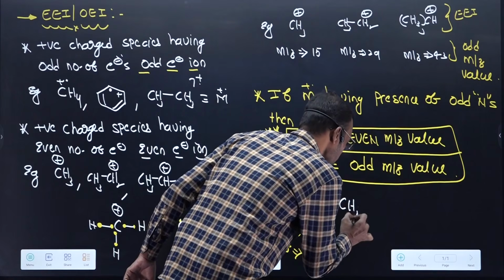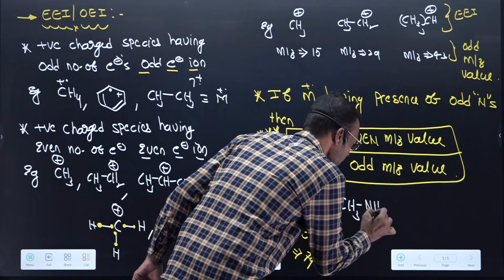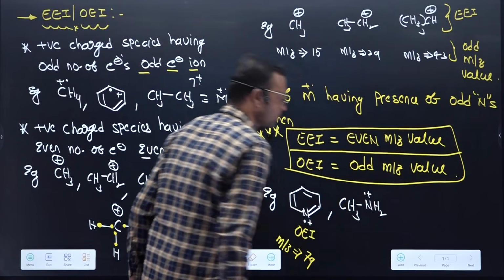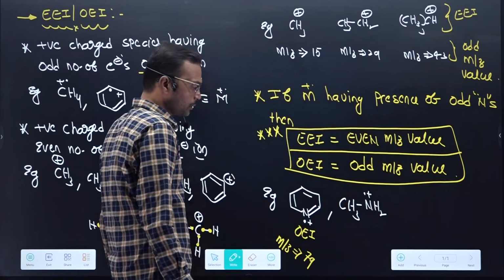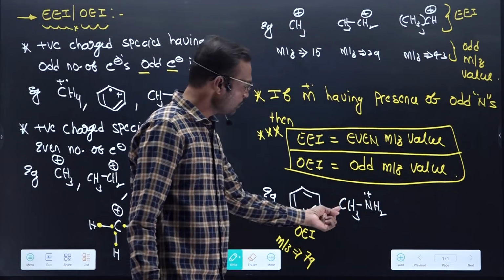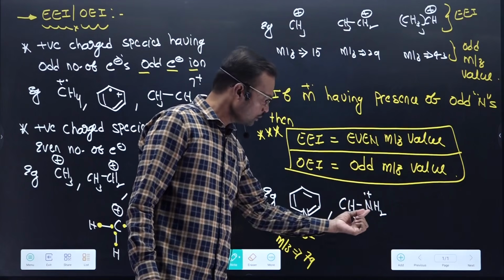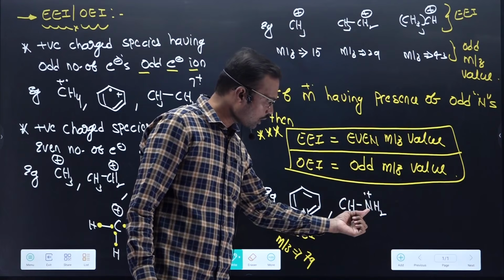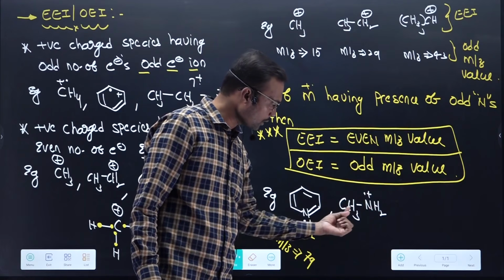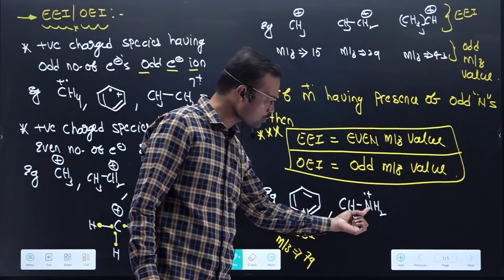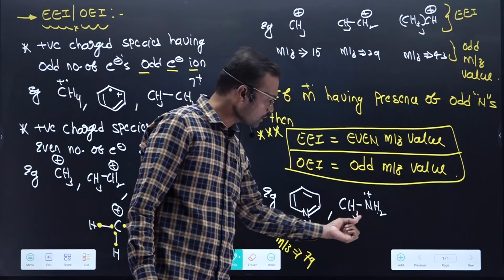And one more example I will show. This is nitrogen, a molecular ion, radical cation. Every carbon is 12 and every nitrogen 14, but while counting, just assume that nitrogen is also carbon. 12 plus 12, 24. 24 plus 2, 26. 28, and this is 31.